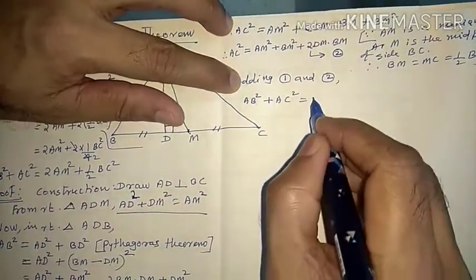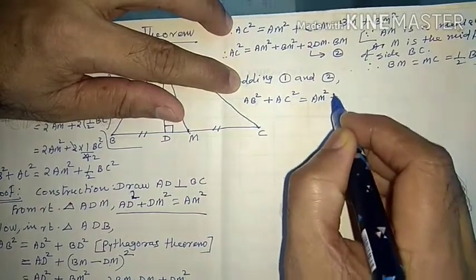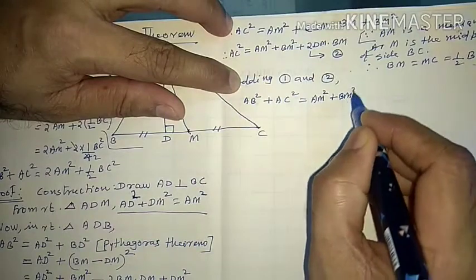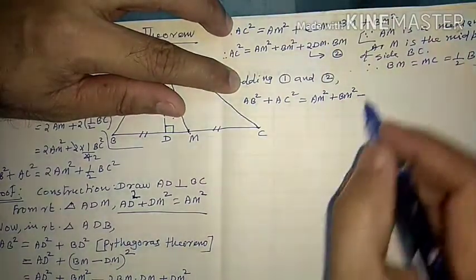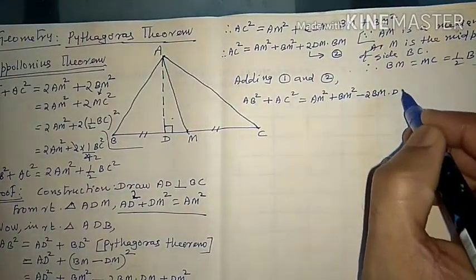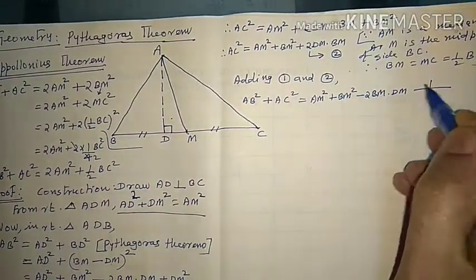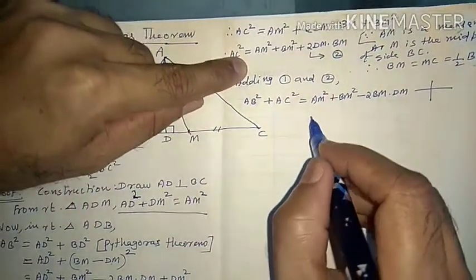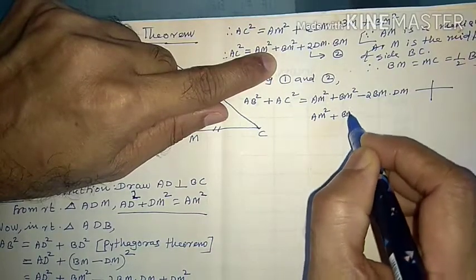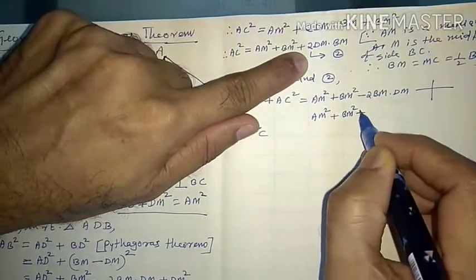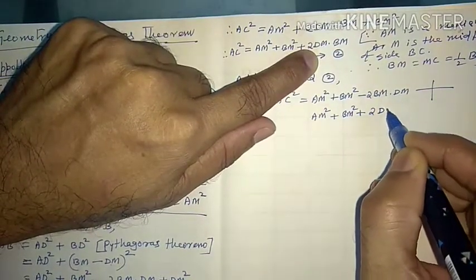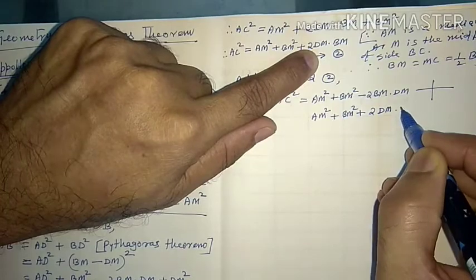This one: AM square plus BM square minus 2 BM into DM, plus second equation's right hand side, AM square plus BM square plus 2 times DM into BM or BM into DM.